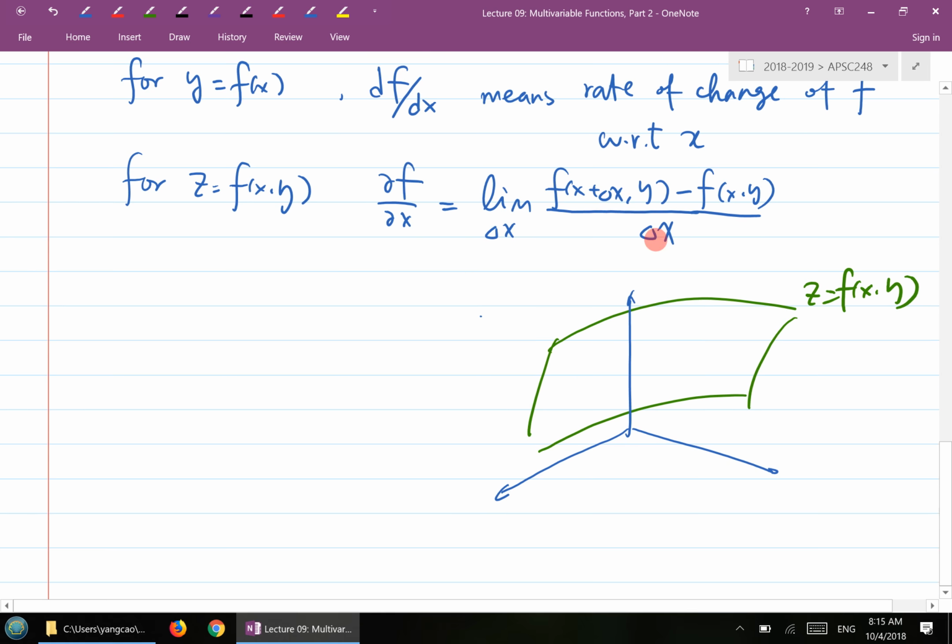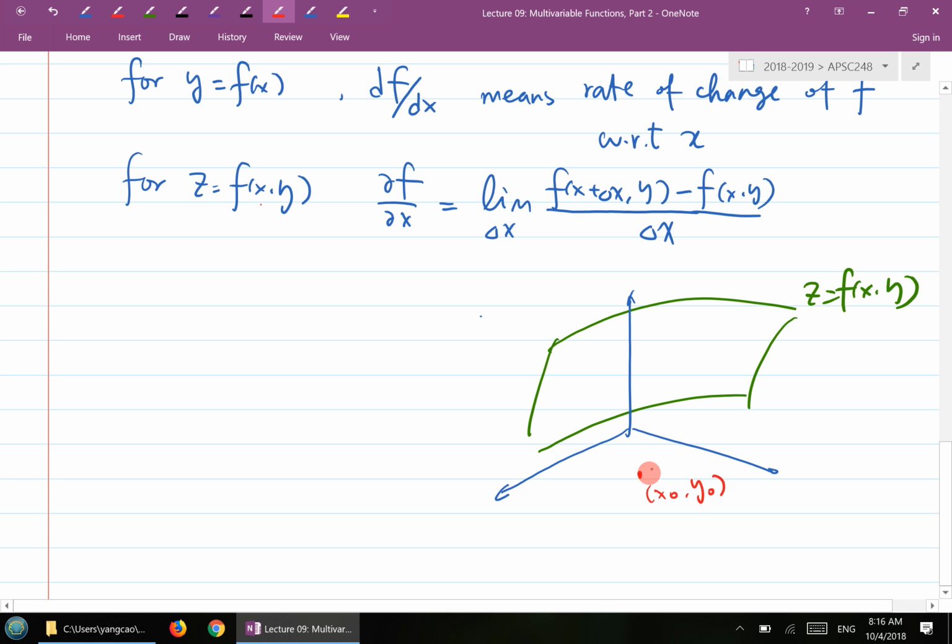So basically, if I pick a point anywhere in the xy plane, let's call it x naught, y naught, a general point in the xy plane, now I'm going to make this change according to the definition. I'm not changing y, I'm only changing x by a small quantity delta x.